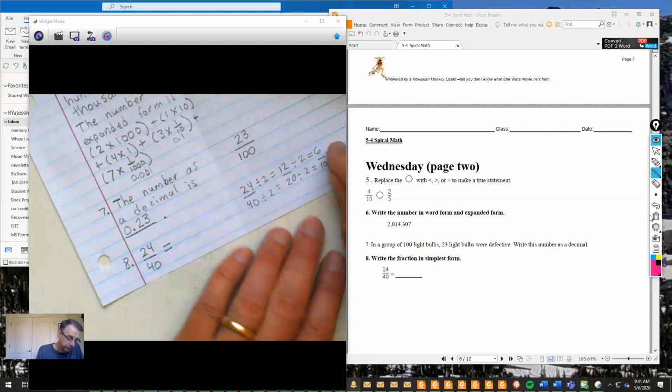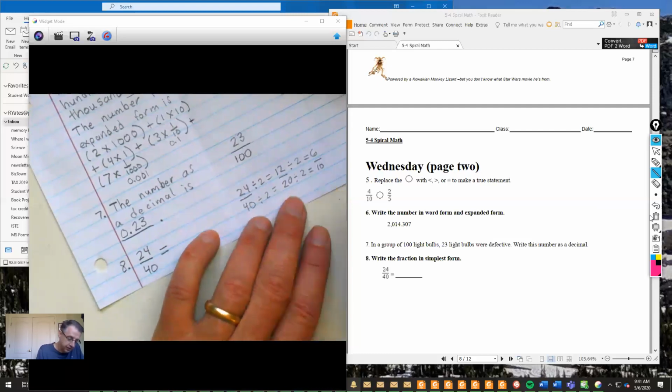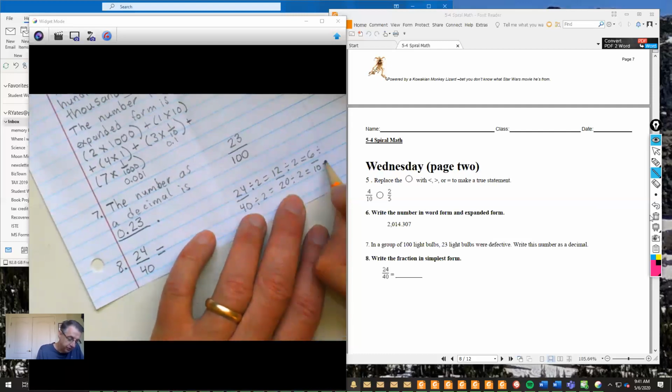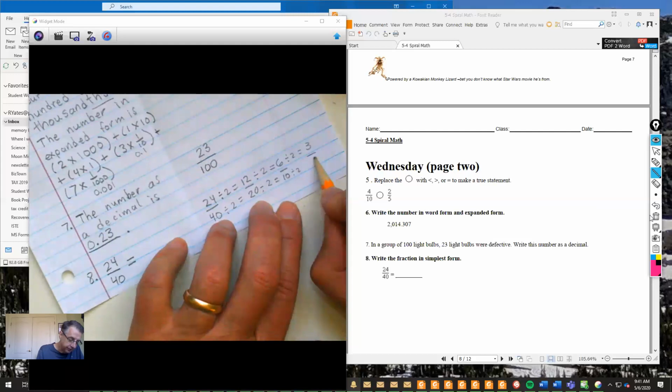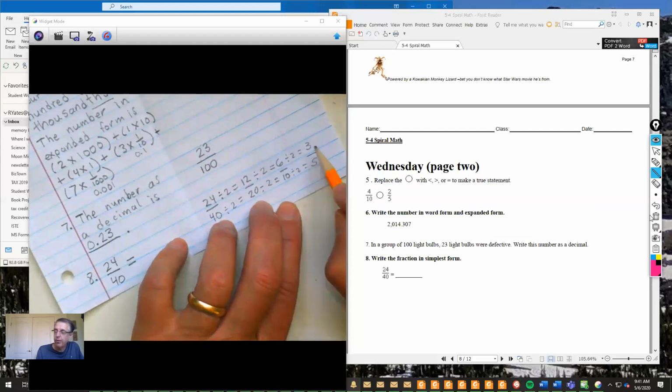Oh, they're still even numbers. So I know I can divide both of them still by 2. 6 divided by 2 is 3. And 10 divided by 2 is 5. Now I get to a point where I can't divide them by 2 anymore, and I also can't divide the 3 or the 5 by the same number. I'm done simplifying.